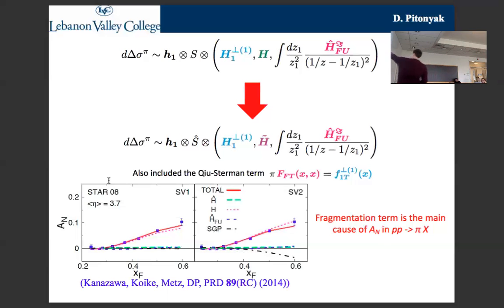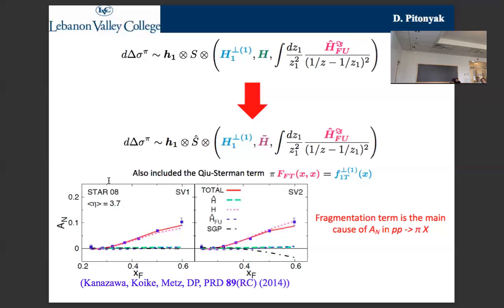So this was 2014, so this was a fit of this function. We've updated this, so I don't want to dwell on something that's 4 years old now. But we fit this function to the RHIC data, and the bottom line that I wanted to get out of this was that back then we made the claim that the fragmentation mechanism, forget about what is coming from which term, the fragmentation mechanism can describe A_N.